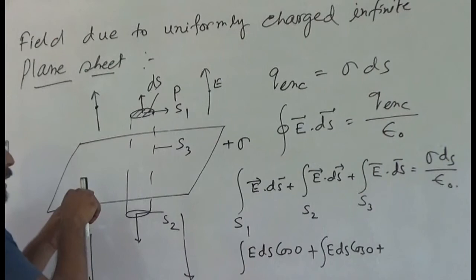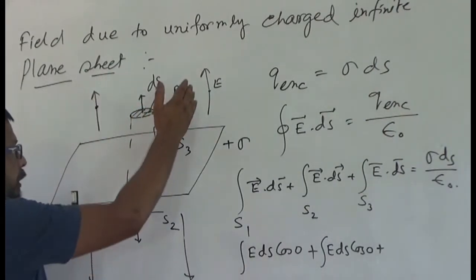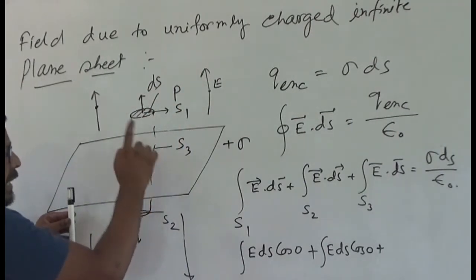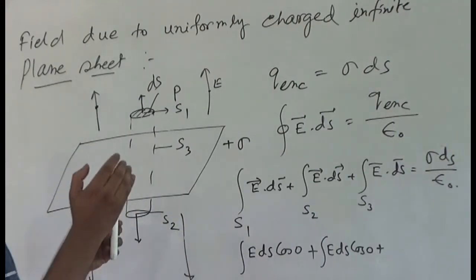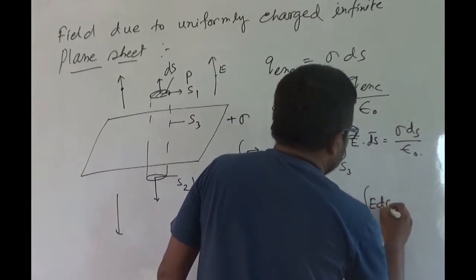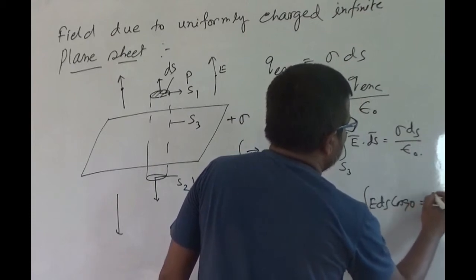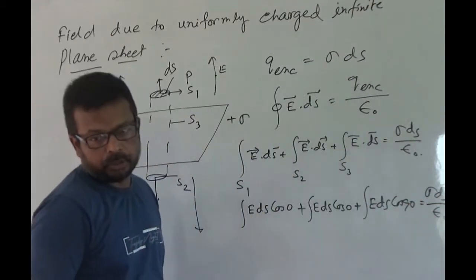That means at every point the angle between the electric field and the surface area direction on the curved surface is 90 degrees, that is normal. Or you can say this can be written as E ds cos 90, and the total is equal to sigma ds by epsilon naught.